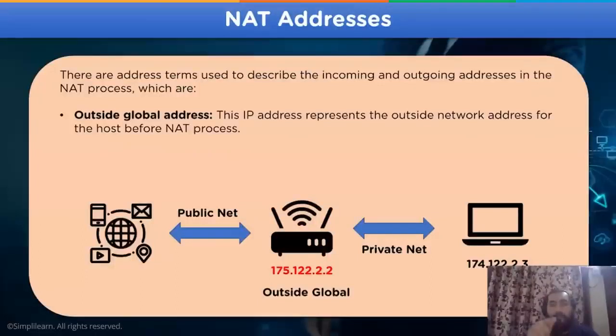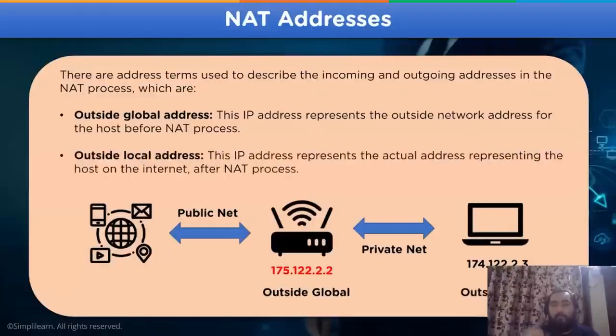This IP address represents the outside network address for the host before the NAT process took place. Then we have the outside local address. This IP address represents the actual address representing the host on the internet after the NAT process takes place.